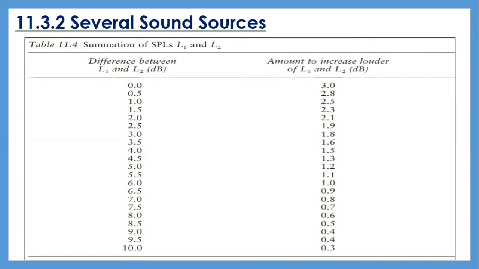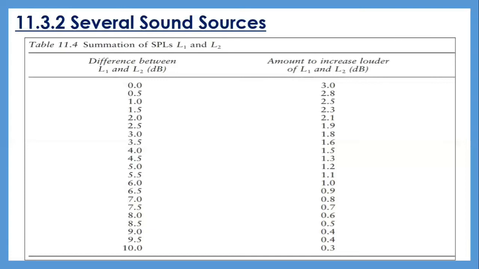As you can see in table 11.4, if there are more than two sources of noise, the exercise can be continued by taking the combined SPL of the two loudest sounds and comparing this with the third loudest sound. The difference between these is then added onto the estimate of the two loudest sounds to obtain a new estimate of the overall sound.